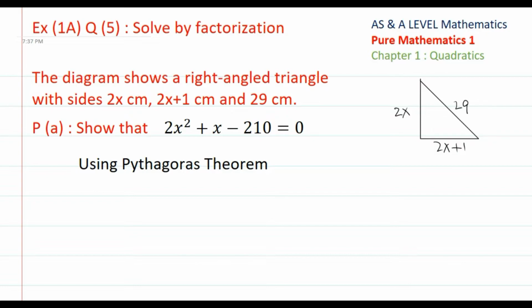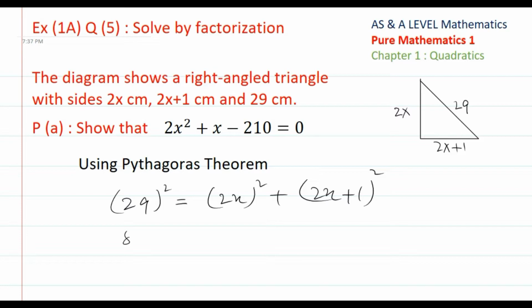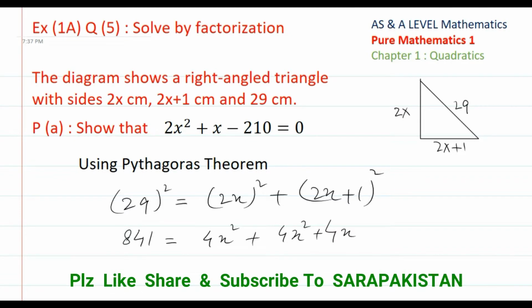To solve this question, we will use Pythagoras theorem. 29 whole square is equal to 2x whole square plus 2x plus 1 whole square. 29 square is 841, which equals 4x square plus 4x square plus 4x plus 1.